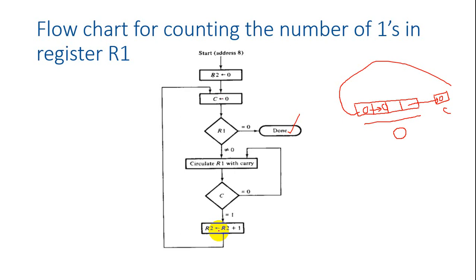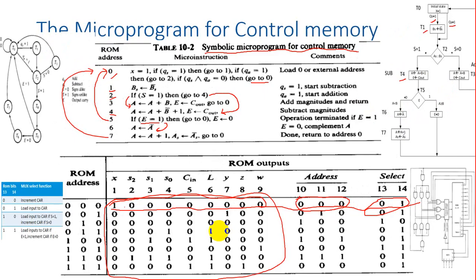You design the logic part, and based on the logic part, you write the control word. Based on the control word, you write the microinstruction. And the combination of microinstructions is the microprogram. So you write the symbolic microprogram, then write the real microprogram like this.